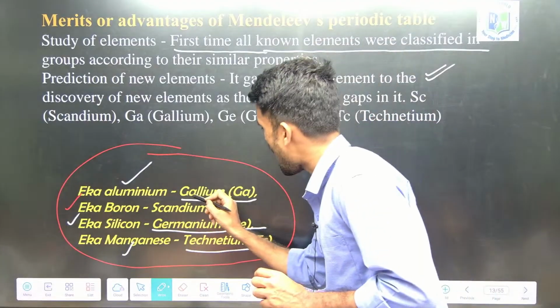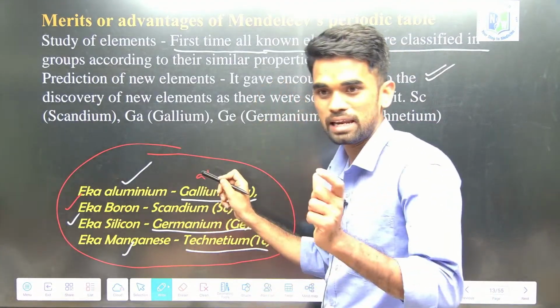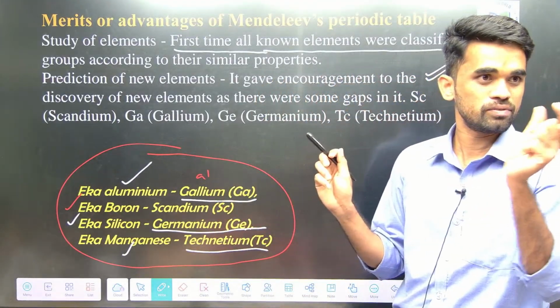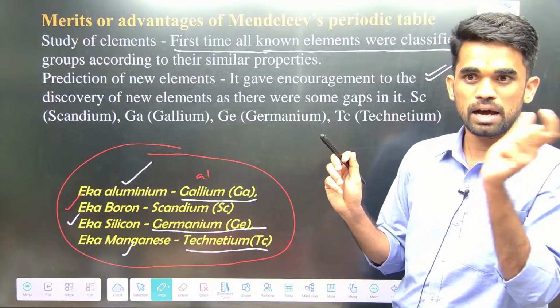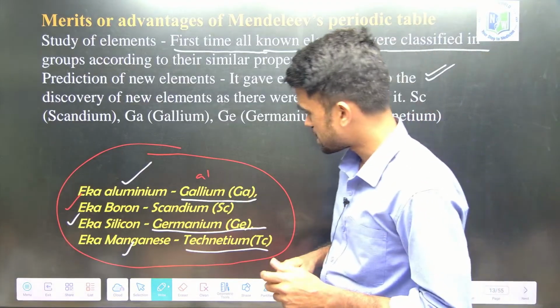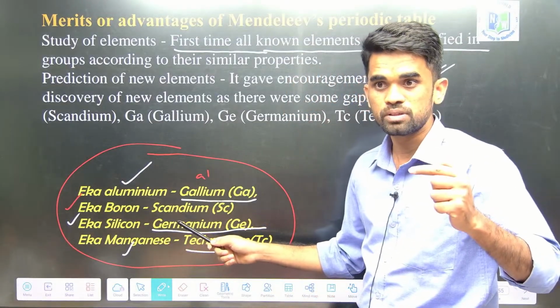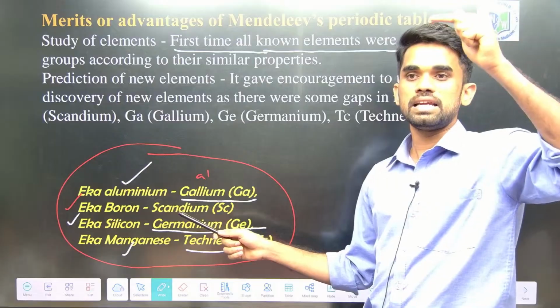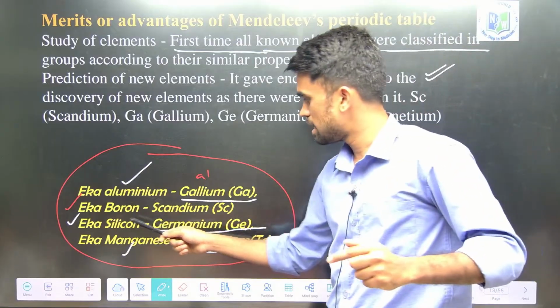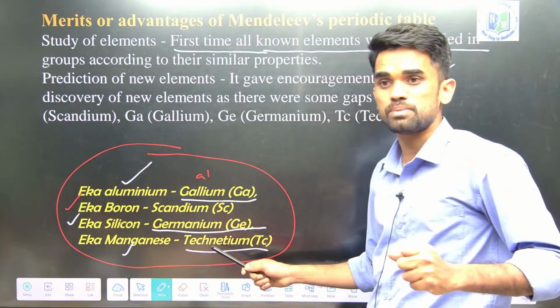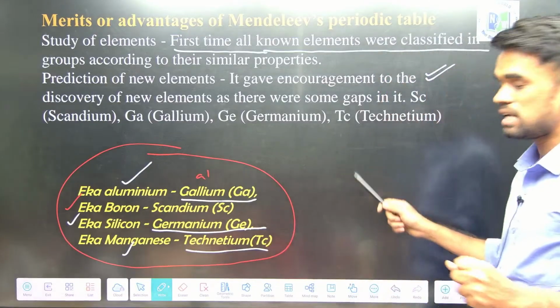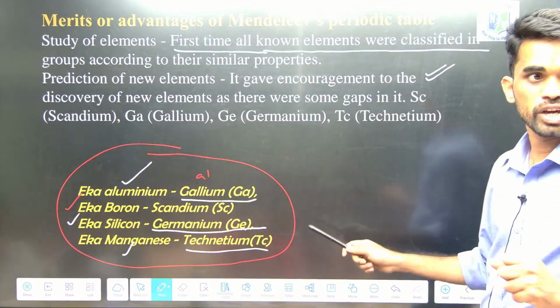Gallium, aluminium: a similar sound. Then silicon and germanium belong to the same group, like carbon, silicon, germanium. Manganese and technetium also belong to the same group. Technetium is below manganese, so you can remember it like that.